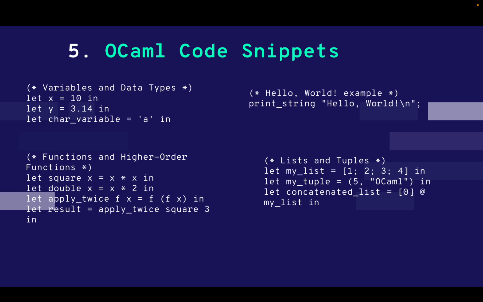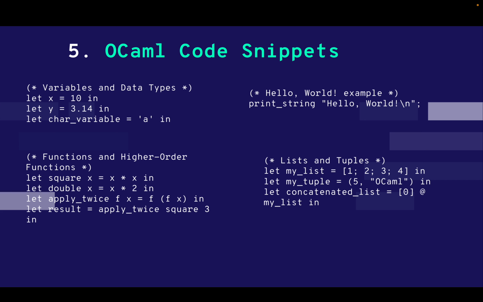And since we have things such as type inferencing, we don't have to specifically write out what kind of variables they are.